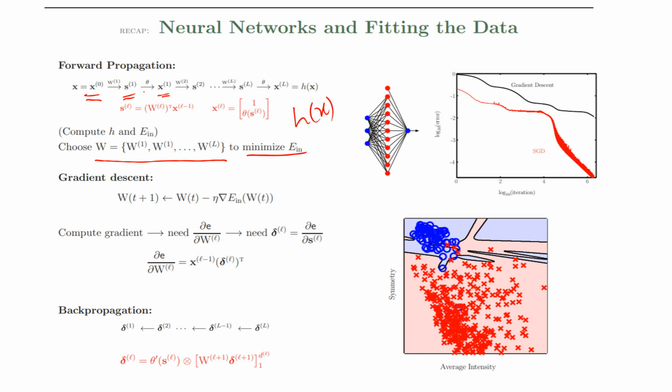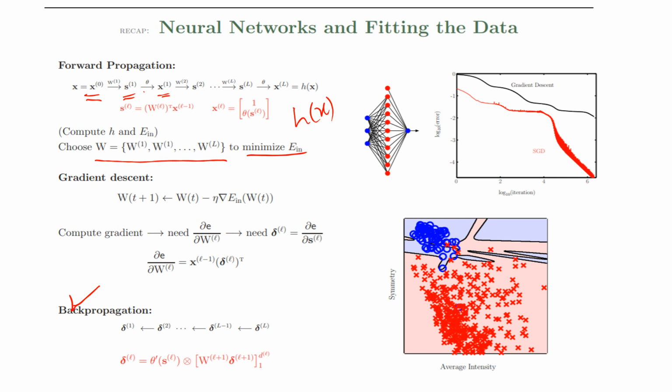So this minimization wasn't as simple as we thought it would be. Forward propagation was an algorithmic way of getting h(x). And so we came up with something known as backpropagation, in which we exploited the outcome of forward propagation.